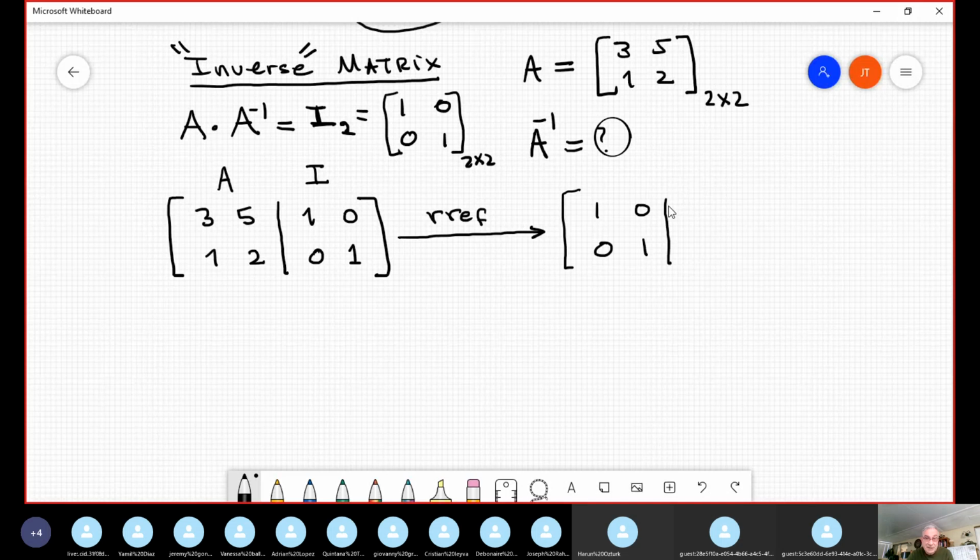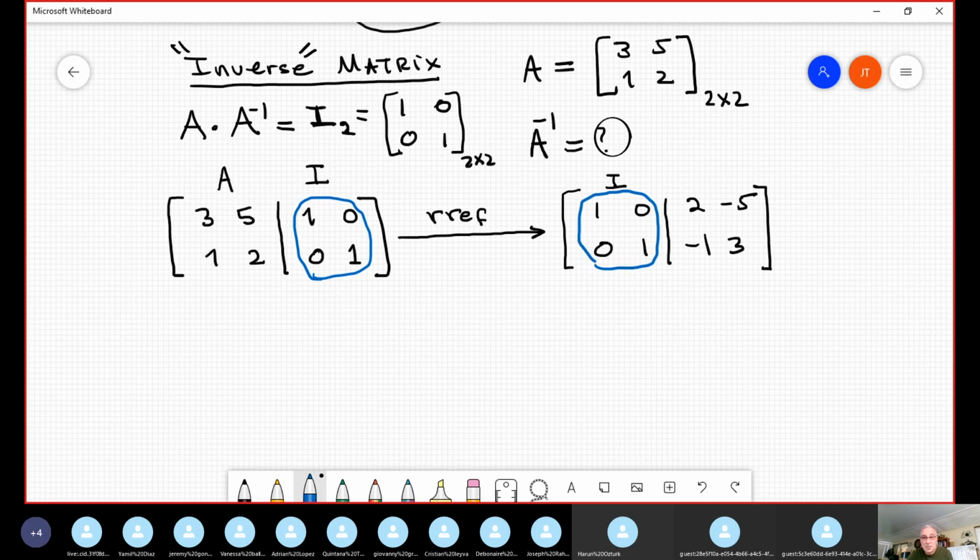On the right hand side we have 2, -5, -1, and 3. When you perform reduced row echelon form, this is the identity matrix, exactly the same as this. But this is A and this is A inverse. Wow, amazing. We can do it by hand, of course, but don't waste time by hand.